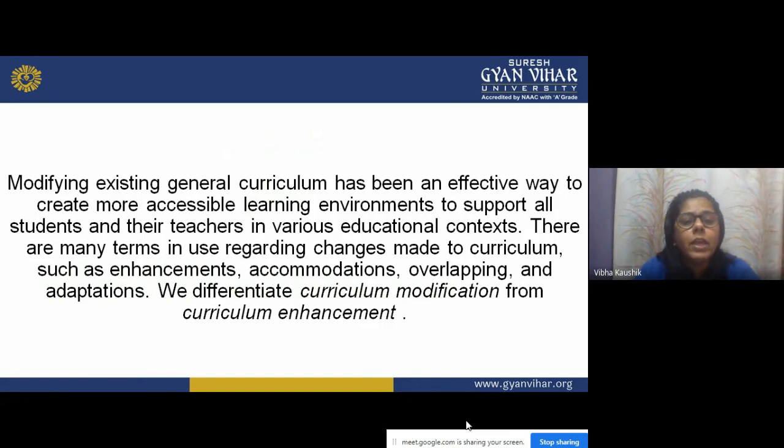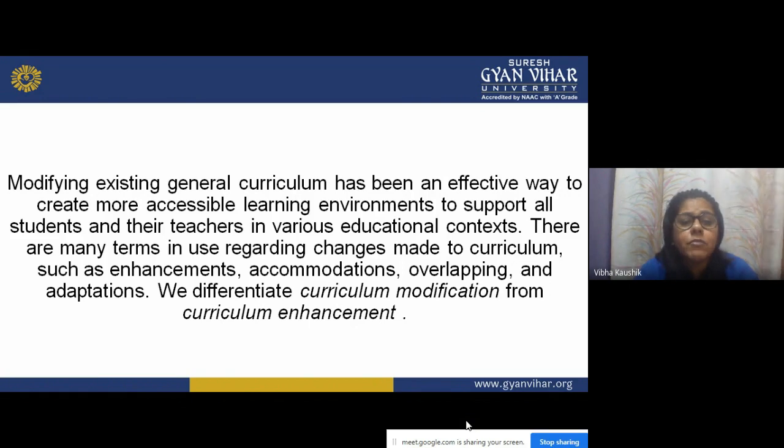Now, modifying the existing general curriculum has been an effective way to create a more accessible learning environment. What does that mean? It means we are bringing changes to the existing curriculum, the one we are using right now.